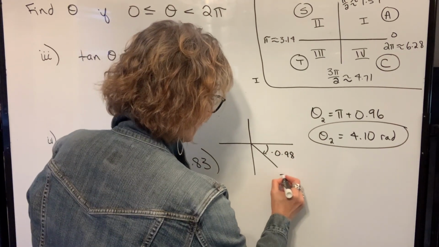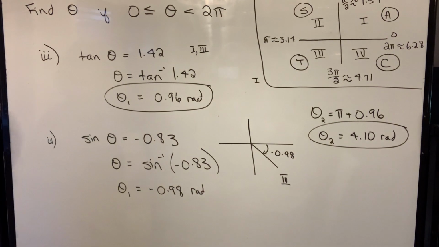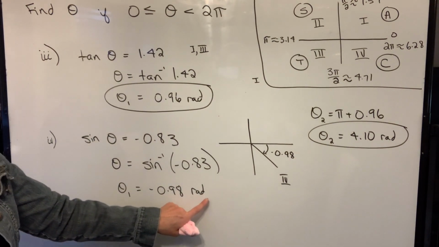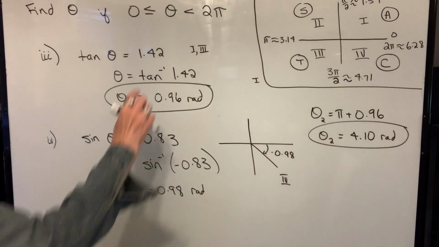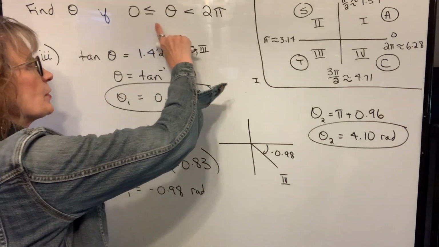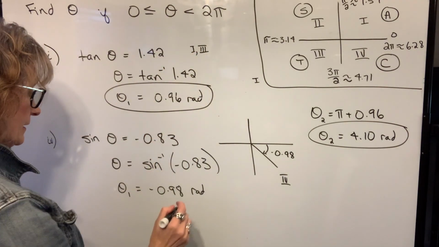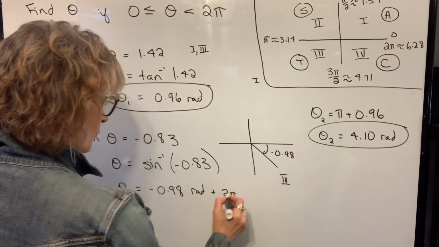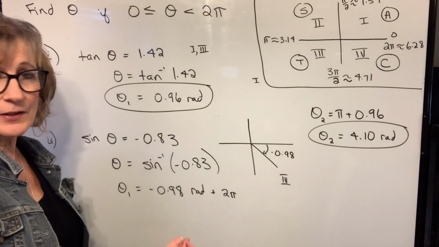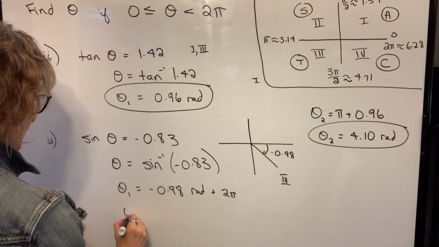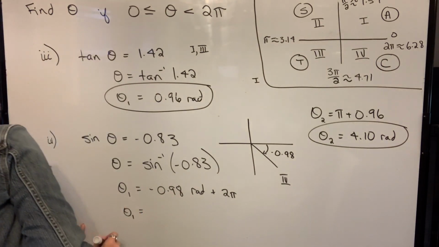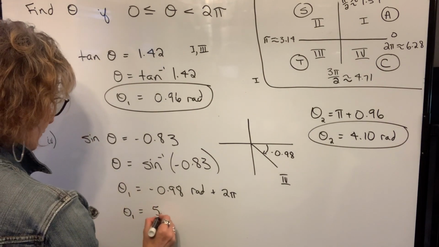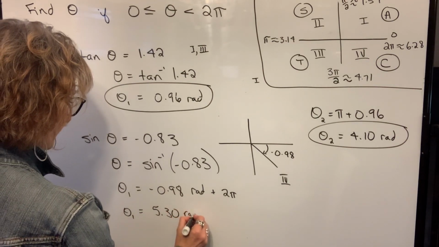That will be an angle in quadrant 4. And I do not want to express it as a negative angle because the instructions say express between 0 and 2 pi radians. So I'm going to just add a complete rotation or revolution to that. It's just like adding 360 degrees. So my first answer will be a positive 5.30 radians.